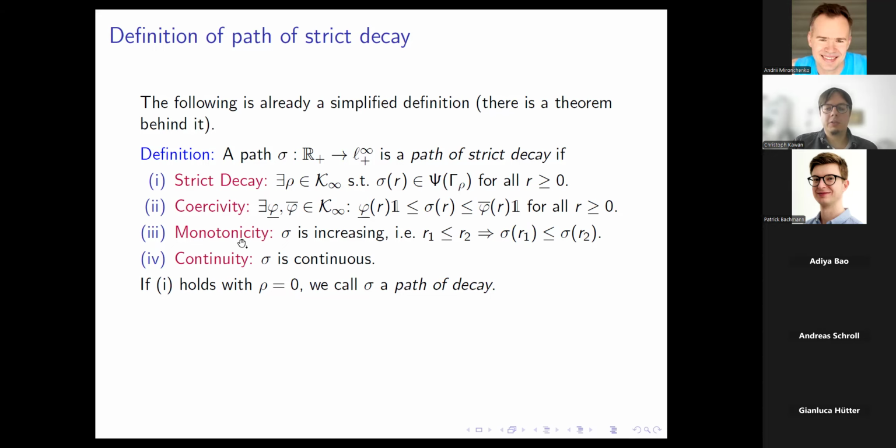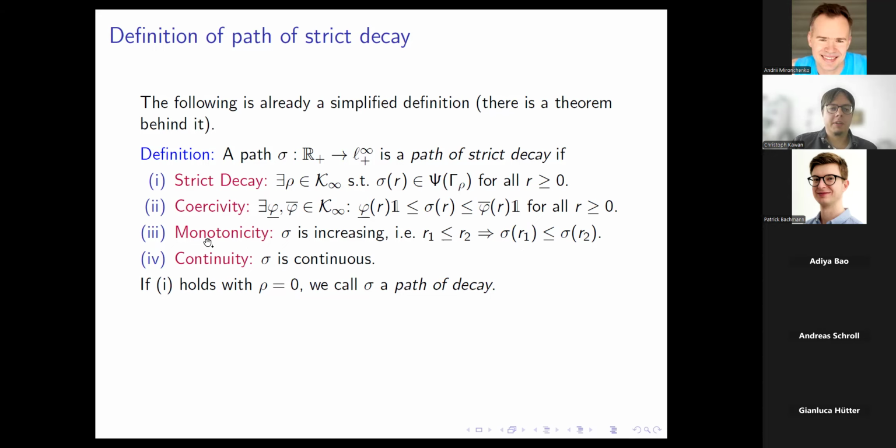Then we need monotonicity, which we can also say that sigma is increasing. So if r1 less than or equal r2, then the same inequality holds for the values. And finally, continuity. We want sigma to be continuous in a norm topology.